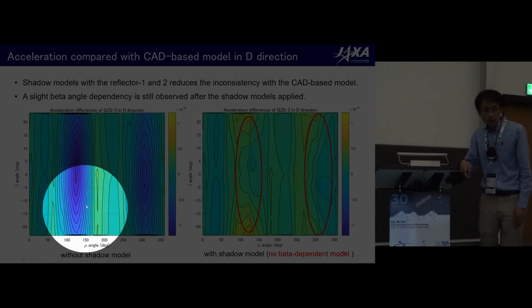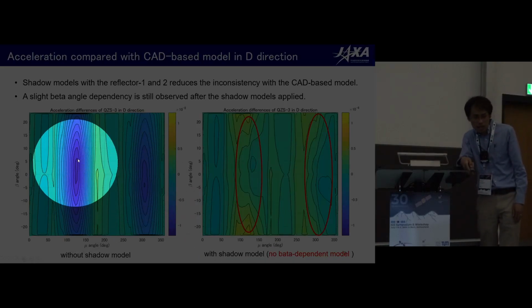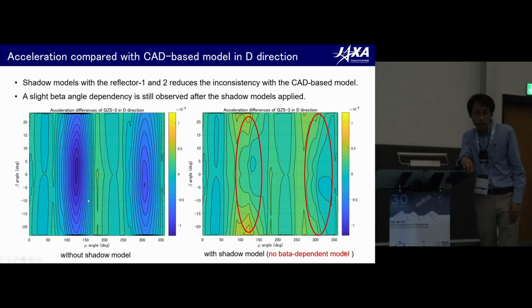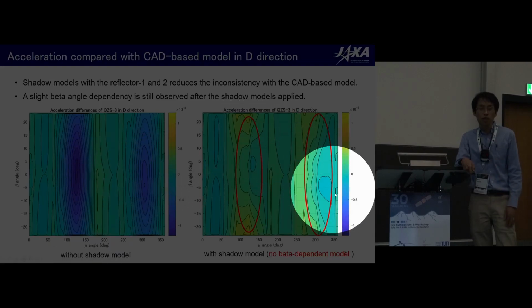We can see a clear pattern in the left side of the figure, which does not consider the shadowing model.